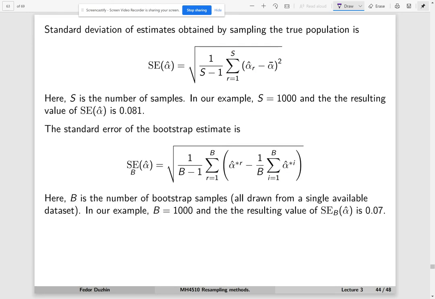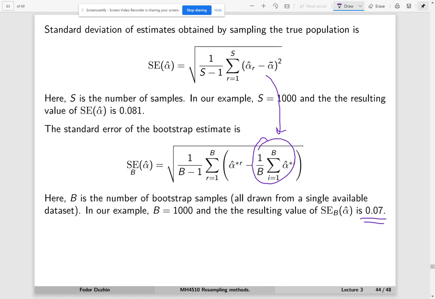Now, the standard error of the bootstrap sample, basically, again, same thing. I generated 1,000 bootstrap samples from just one original sample, and then just calculated their standard error, basically by the same formula, because this plays the role of alpha bar. So it's essentially the same thing. My result is 0.07, which is slightly off.